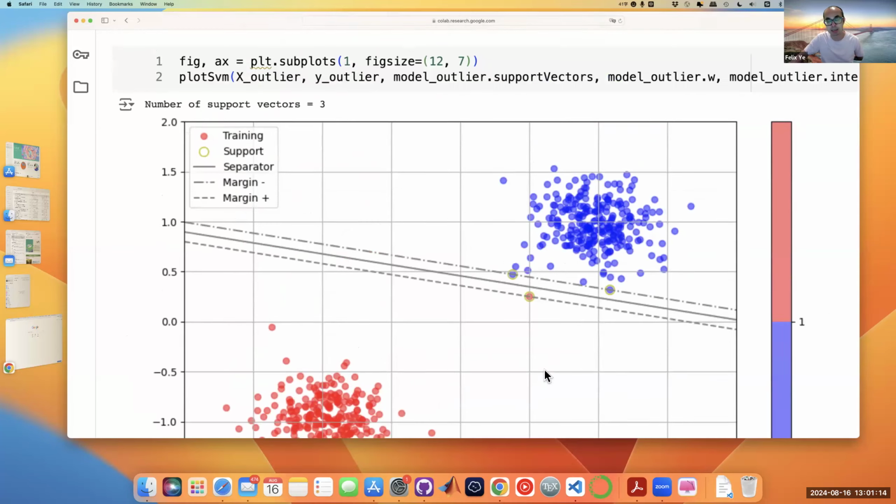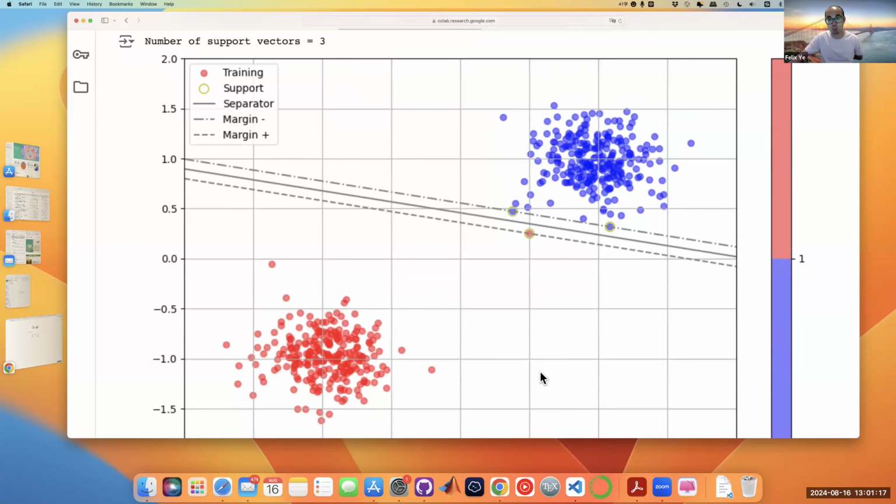One way to tackle this is we say we don't want the data to be perfectly linearly separable. I can allow a certain level of errors. For example, if we allow a certain level of errors, I can perfectly separate this part and this part, and allow this red point to be classified wrong.